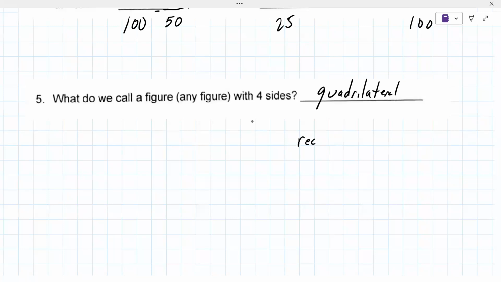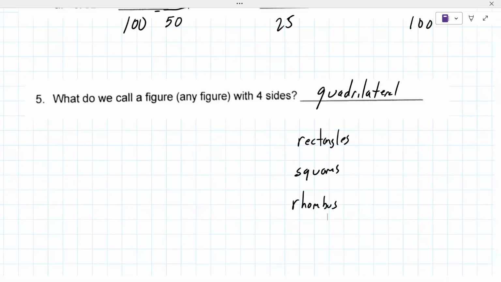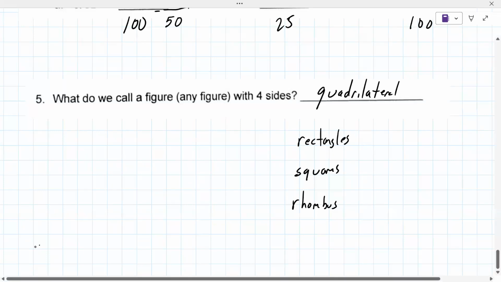There are rectangles, squares, and rhombuses. Your answer is not the best answer. So, what do you do with that? Well, you just go with it. Right. Number 6 is the absolute value of 3.